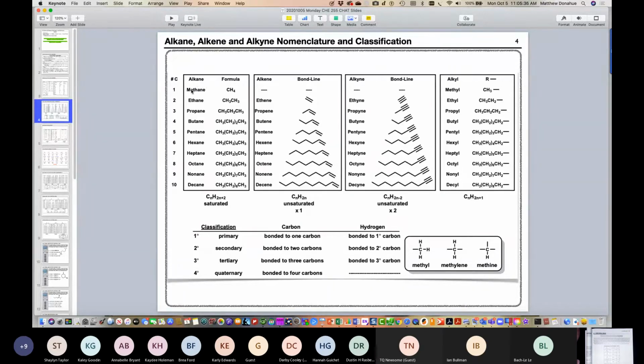One carbon is methane, 2 is ethane, and then this is the condensed formula. 3 is propane. These are called homologs, and in each subsequent one, the number of CH2 groups increases, and remember we called those methylene groups. You pretty much have to know these. If you're given octane, you know that that's 8 carbons.